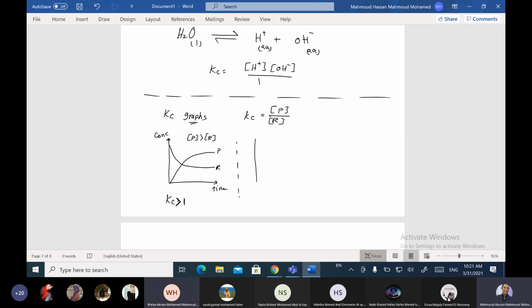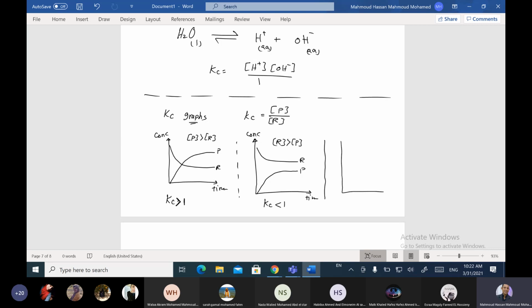Another case, we find the concentration and the time. We find the reactant, we find the product, but the reactant concentration is still greater than the product concentration. So the Kc in this case is less than 1.